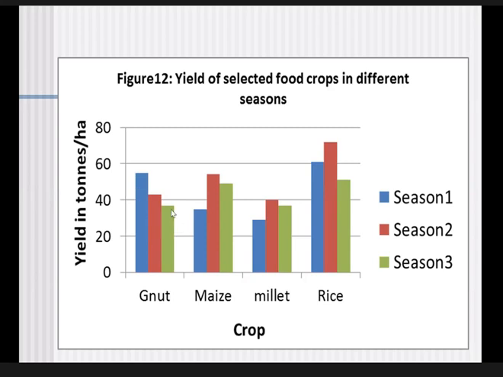I'm following the order I established for groundnuts for the 3 seasons. So that one is okay. But the grids and the position of the title are faulty.